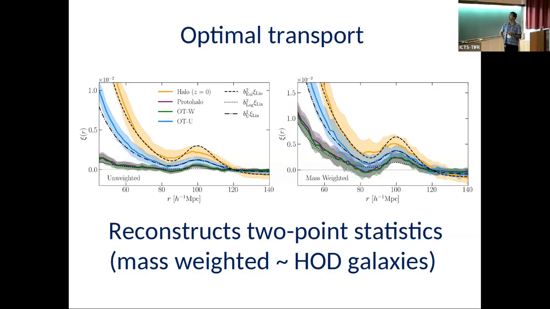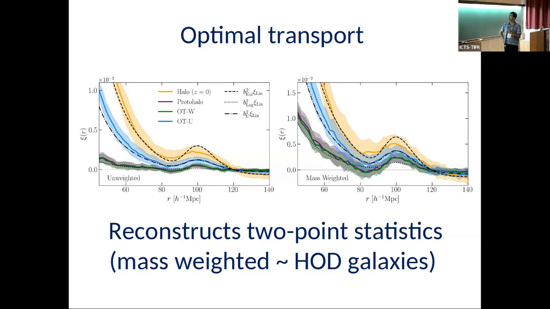Then the purple is the actual proto-halo centers. So that's where those things started out initially. And the green is the reconstruction. And we're supposed to look and say, oh yeah, the green looks like the purple. That's great, it's done a good job reconstructing.